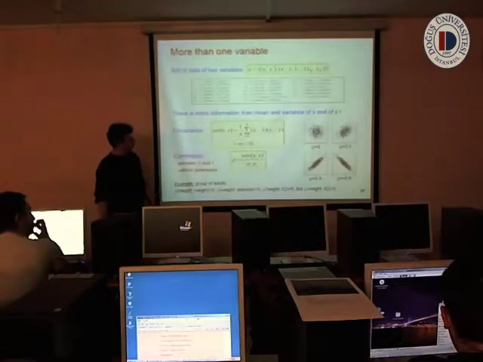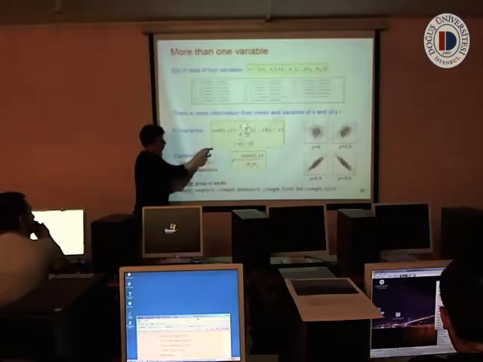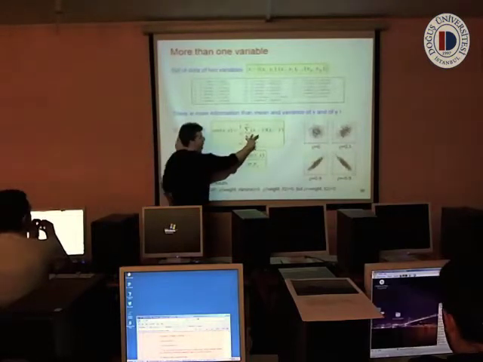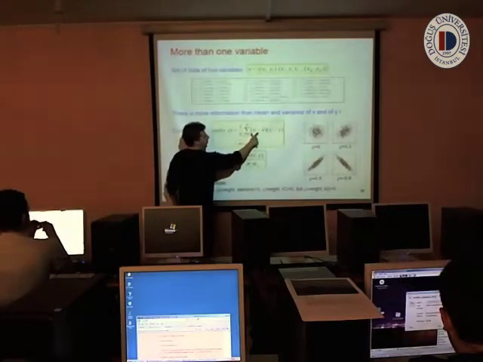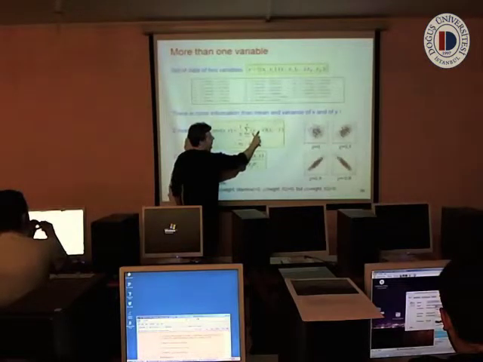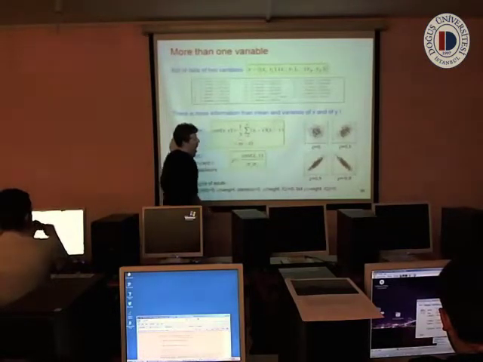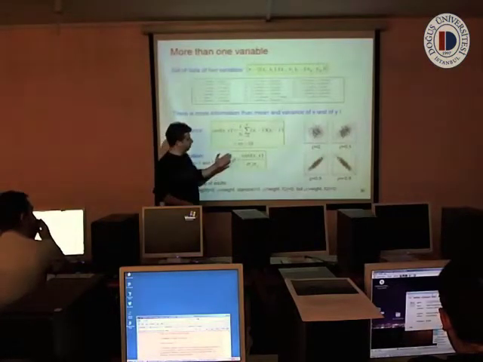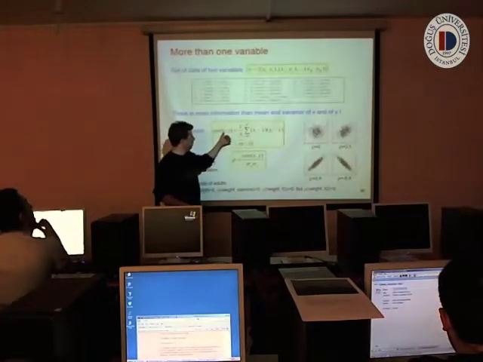And the way you determine this, you can calculate the covariance, which is always the product between one variable's deviation from the mean and the other variable's deviation from the mean. If they both always deviate in the same direction, then you have a high covariance.